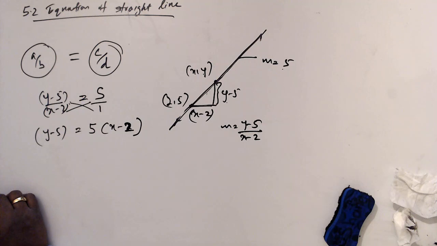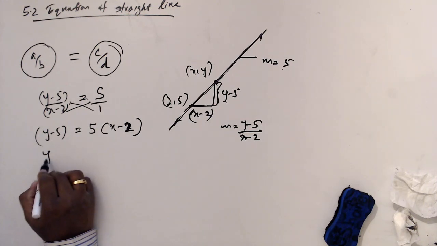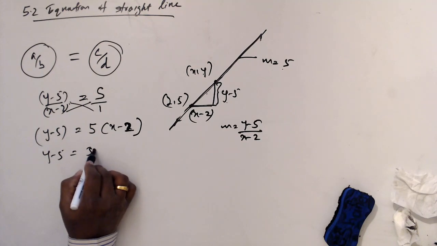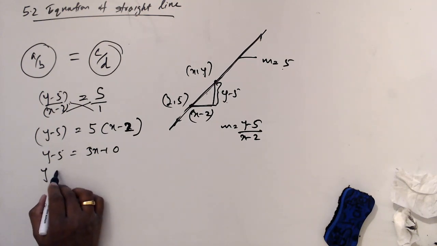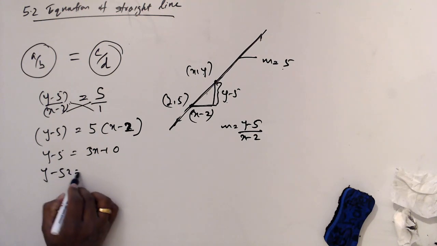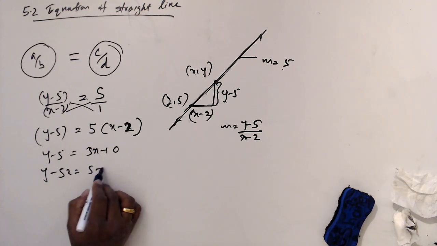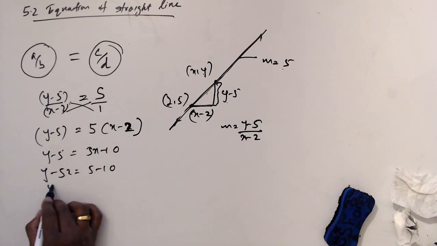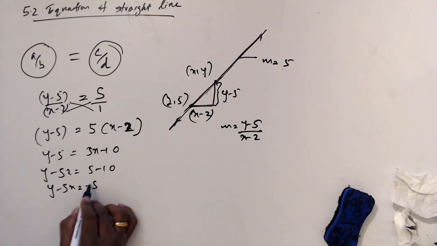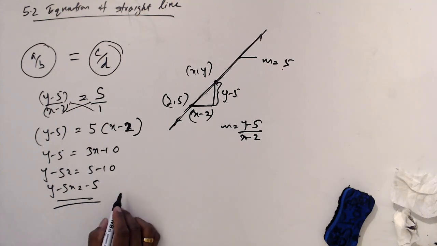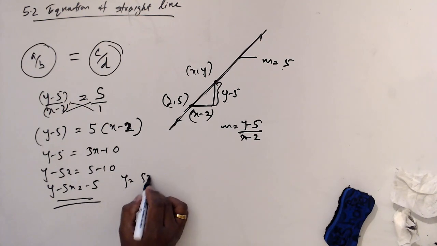Now you have to simplify this one. y minus 5 equal 5x minus 10. Then y minus 5x equal 5 minus 10. y minus 5x equal minus 5, or y equal 5x minus 5.